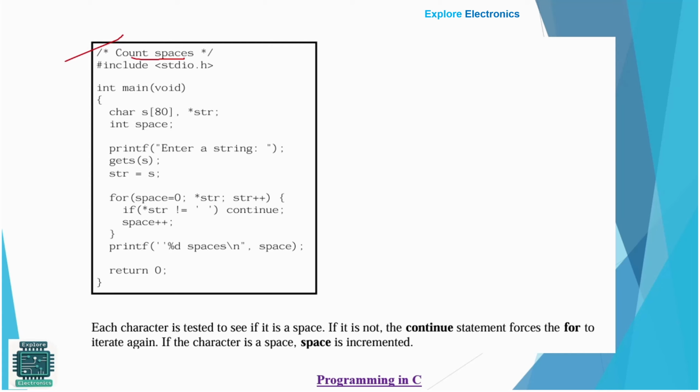Each character is tested to see if it is a space. If it is not, then the continue statement forces the for loop to iterate again. If it is not a space, then it forces again to continue from the first.